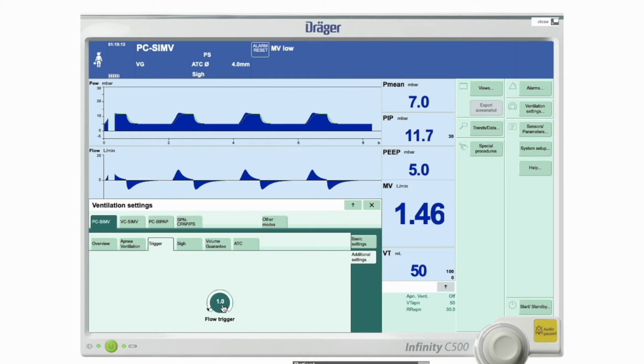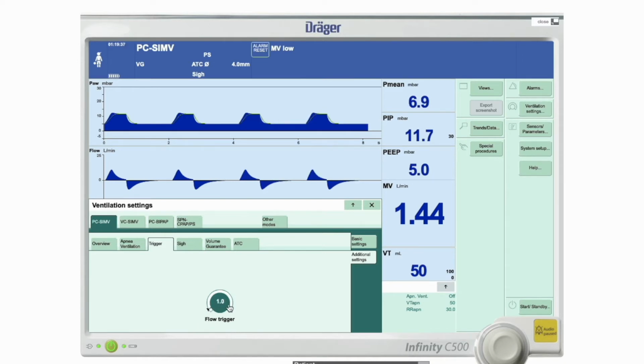The other thing that can happen is the baby might try to get a breath and can't get one, and that's because this is set too high. And if that happens, the baby struggles to actually get a breath out of the ventilator, and then you need to examine the baby and diagnose that and make a decision to change the flow trigger setting. Usually it's set at 1 for children.